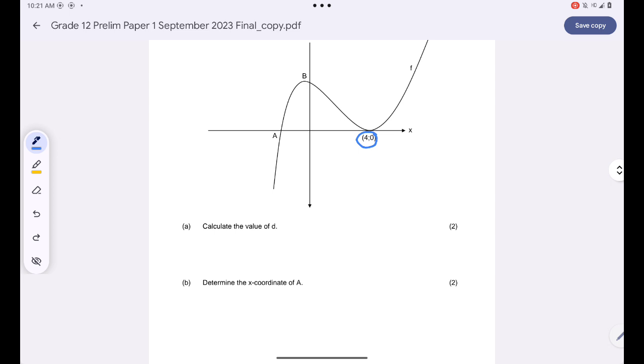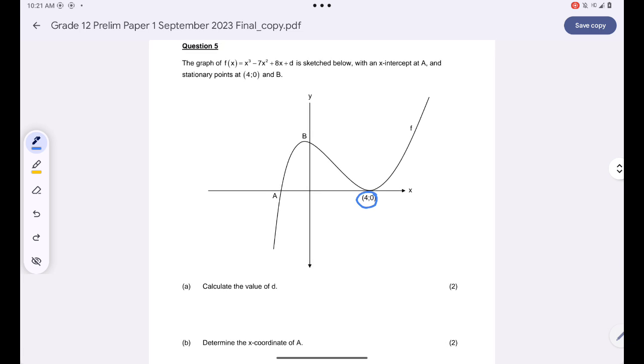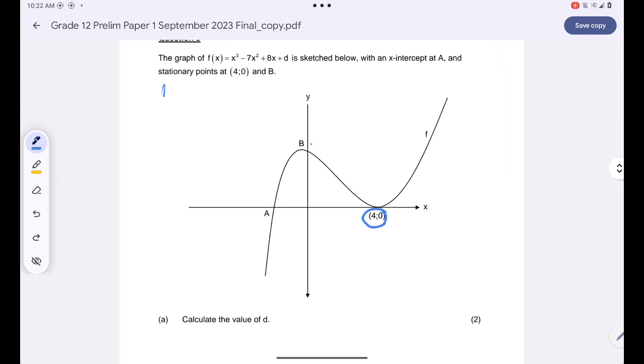First question, they want us to determine the value of d. How can we find the value of d? By just substituting any point that we have on the curve. We know that f of x is equal to x cubed minus 7x squared plus 8x plus d. And then for us to find d, I know that y is 0 whenever x is equal to 4.